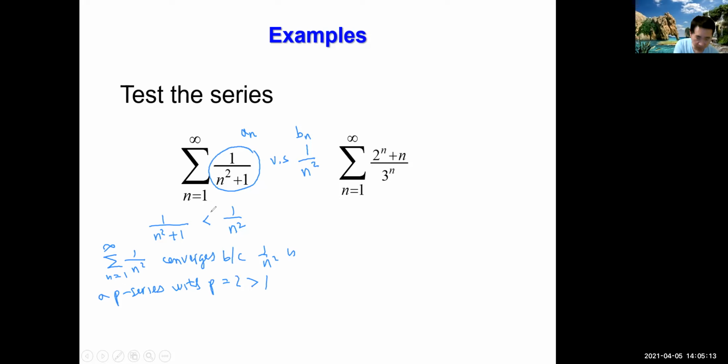Now, since the series converges, the original series we test, 1 over n squared plus 1, from 1 to infinity, must converge as well, by the direct comparison test. Okay, can you see that?